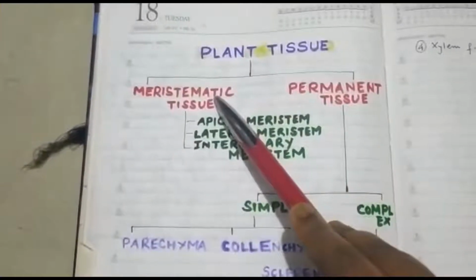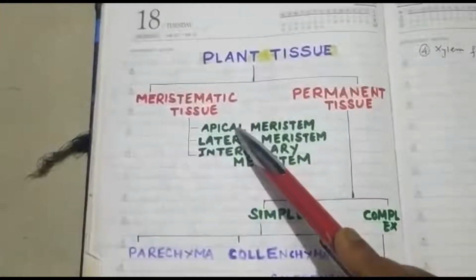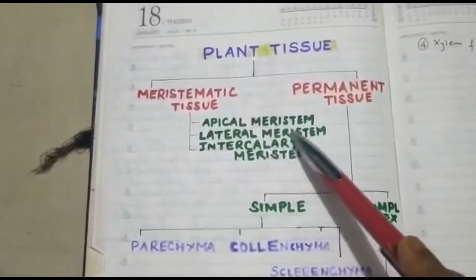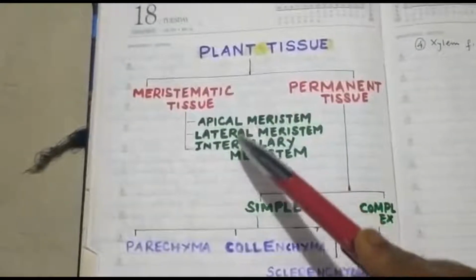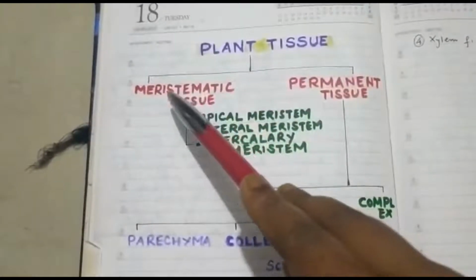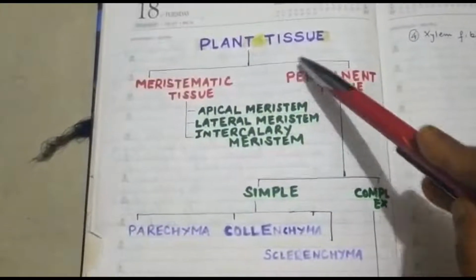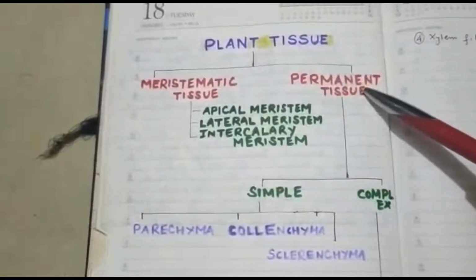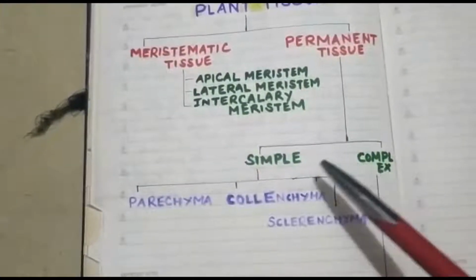The meristematic tissue is again classified into three types. The first one is apical meristem, then lateral meristem and intercalary meristem. So these are the three types of meristematic tissue. Then the permanent tissue, which is another type of plant tissue, has two more types in it.